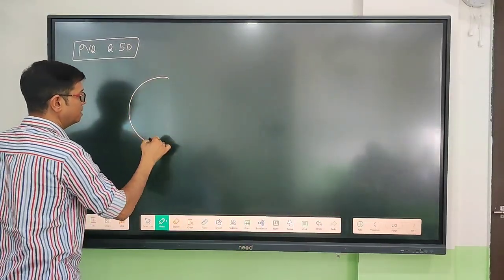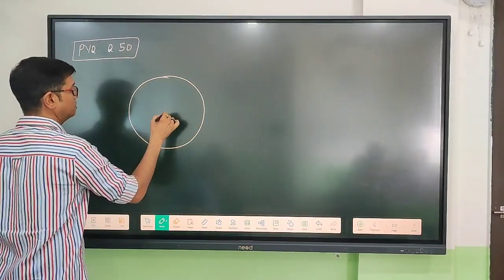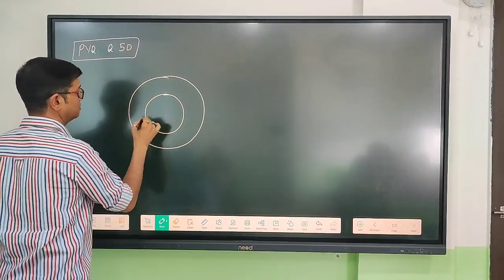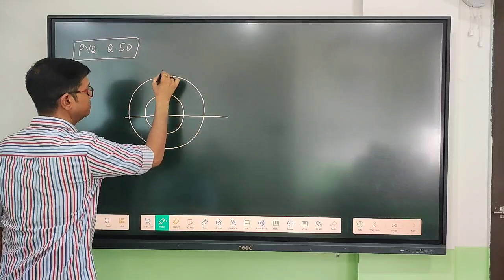Okay, so this is like this, there's another particle like this.